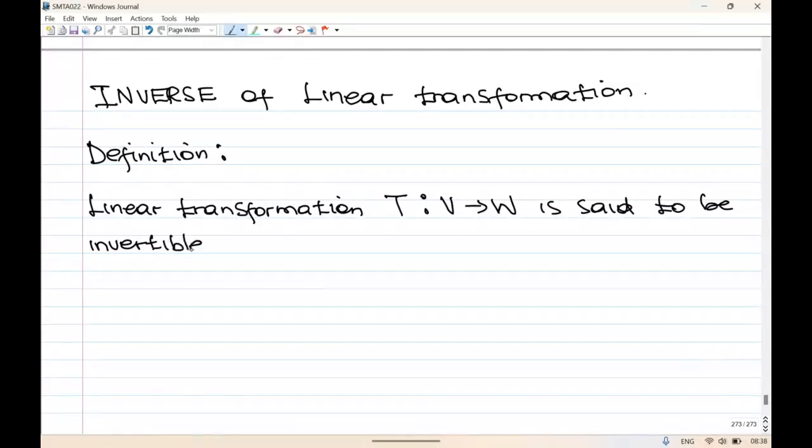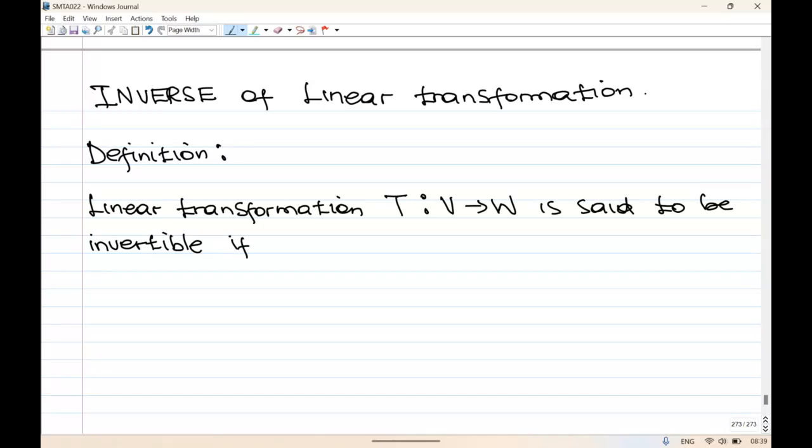By the way, when you see that a matrix is invertible, it means that the determinant of that matrix is not equal to 0. And if it's not equal to 0, then we can find the values of those variables, and also you can find the inverse of that matrix.